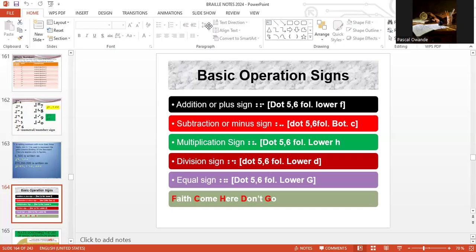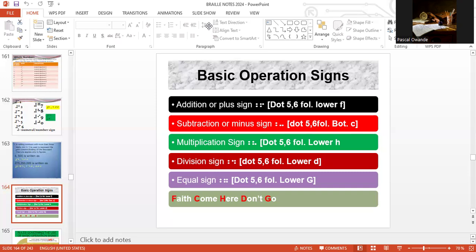After they have been preceded by dots 56, they must have lower letters. That is dots 56 lower f, dots 56 bottom c, dots 56 lower h, dots 56 lower d, and finally dots 56 lower g, in that order. So we have the addition sign, the subtraction sign, the multiplication sign, the division sign, and of course the equal sign is the last one.